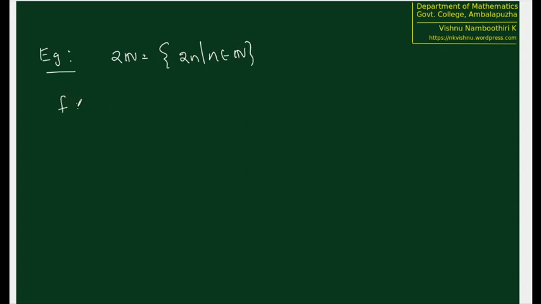So how can we define f from N to 2N, which is 1-1 and onto? The natural choice is to define f(n) equal to 2n for all n. So this function, we can easily see that this is 1-1 and onto. So this is left as an exercise and it's very trivial.